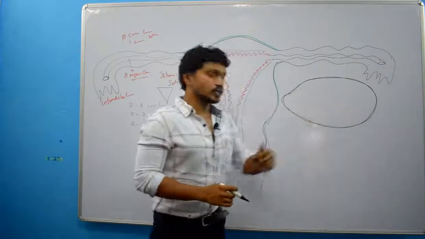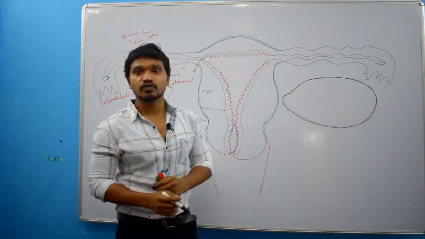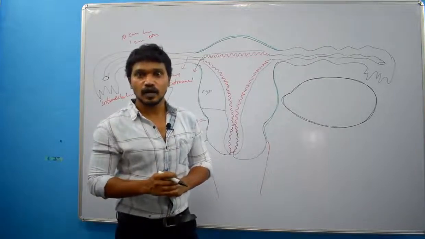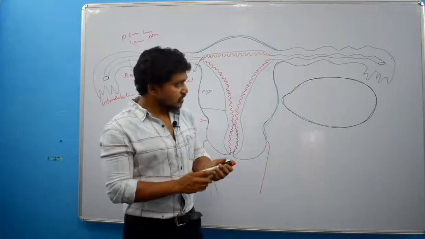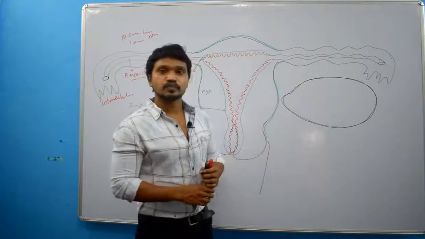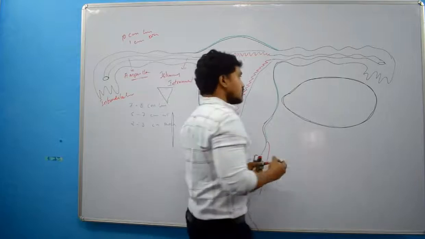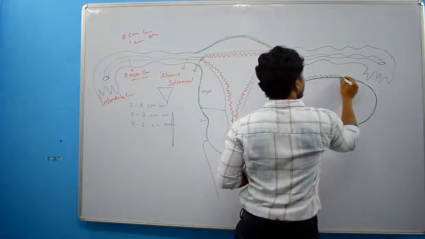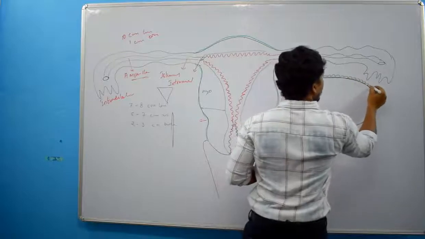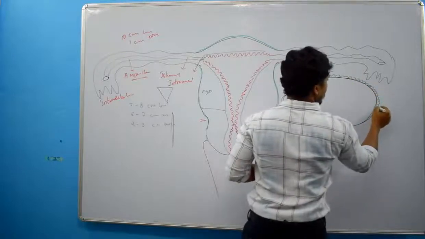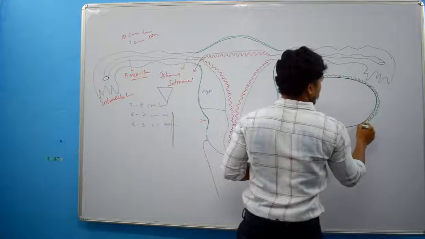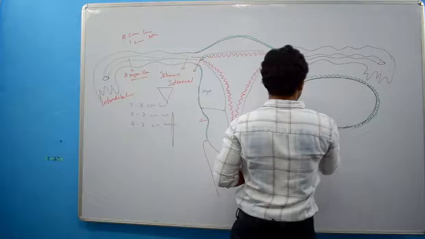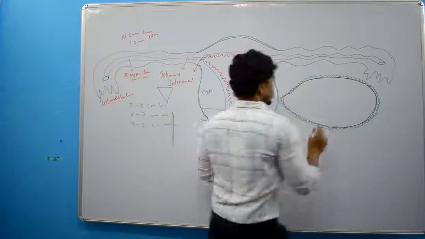This is the white connective tissue layer, what we call the tunica albuginea. This tunica albuginea is surrounded by germinal epithelium. Actually, this germinal epithelium is made up of cuboidal cells or cuboidal epithelium. So, this is the germinal epithelium of the ovary.